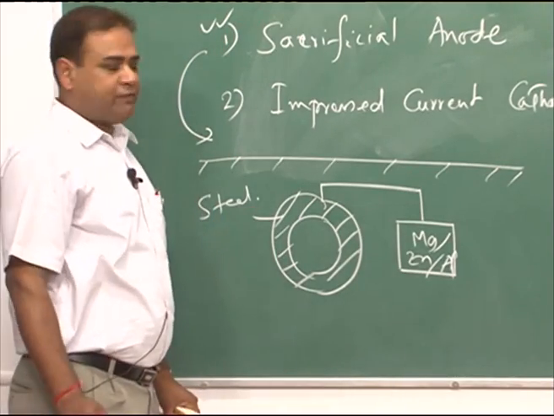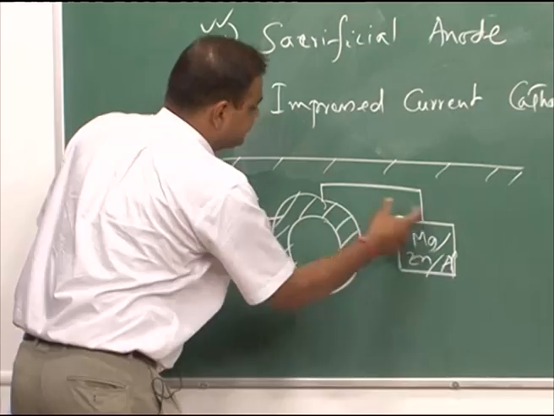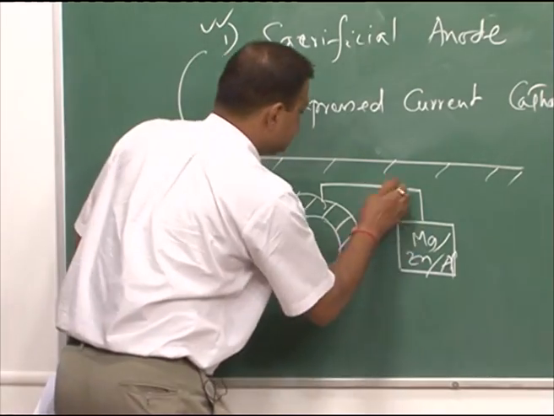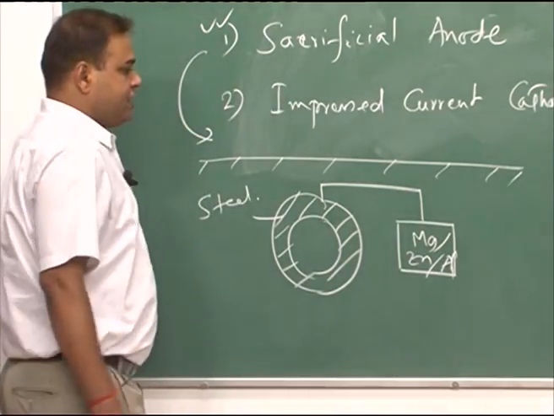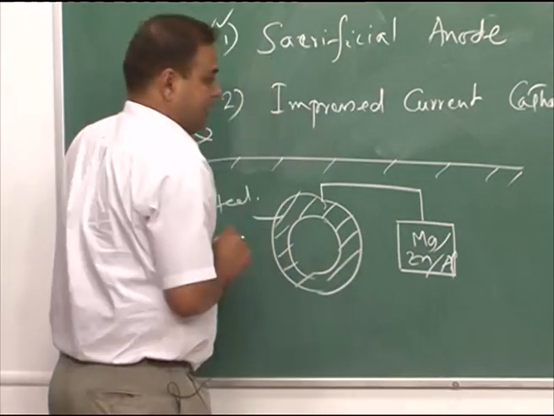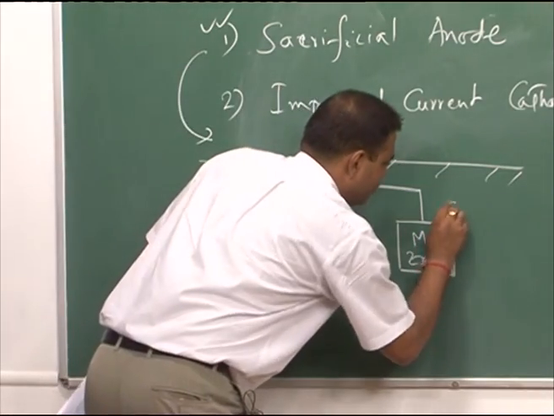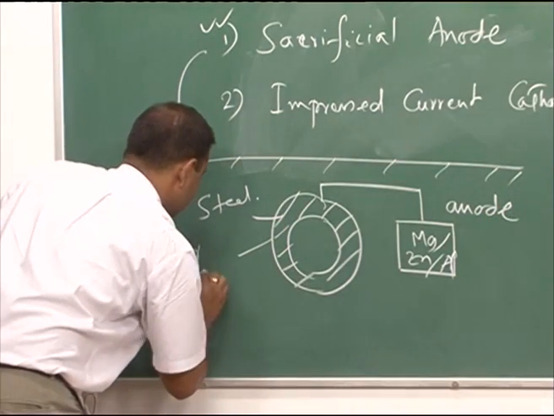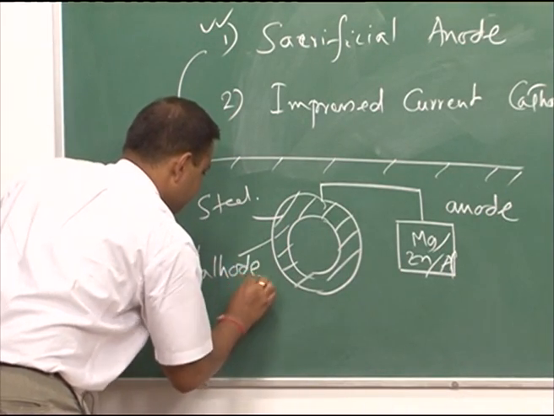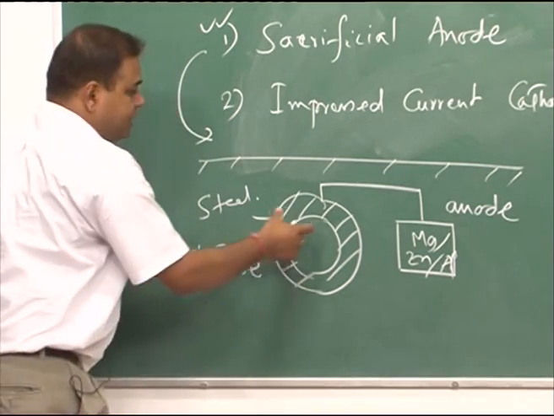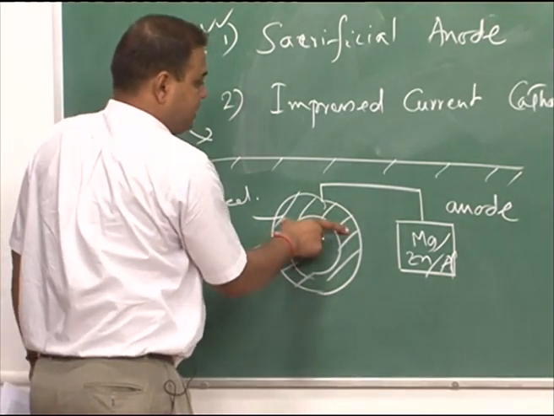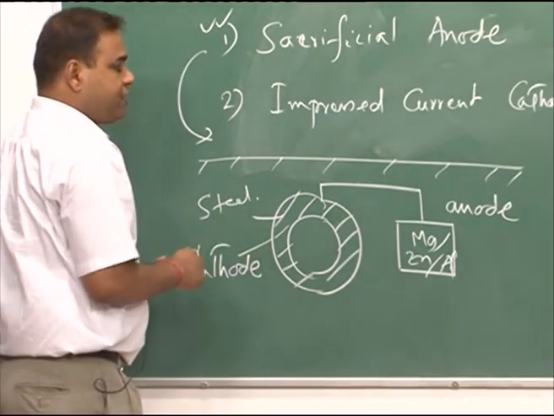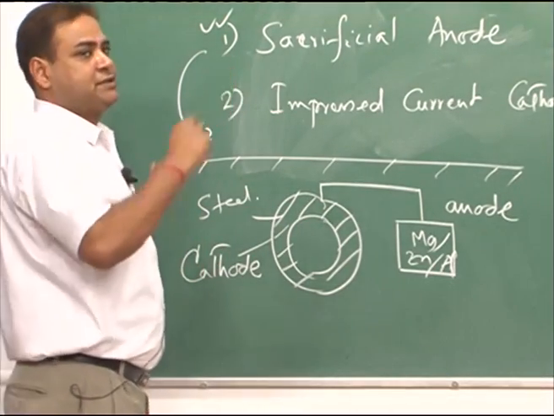Fine. Now, once we connect this, it is forming a galvanic cell. Now this becomes the anode and this becomes the cathode. So we have made it cathode in this system, and here we are not supplying any external current.